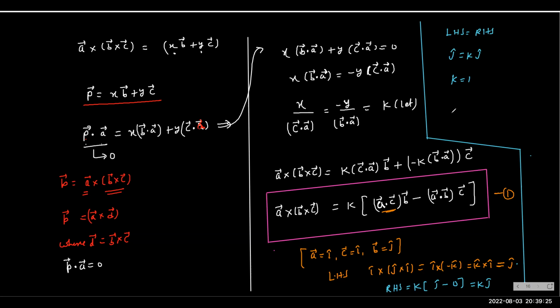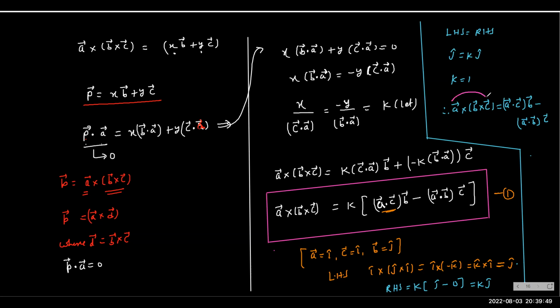Yes. And therefore, A cross B cross C becomes A dot C into B vector minus A dot B into C vector. And now this is easy to remember. How do we remember?